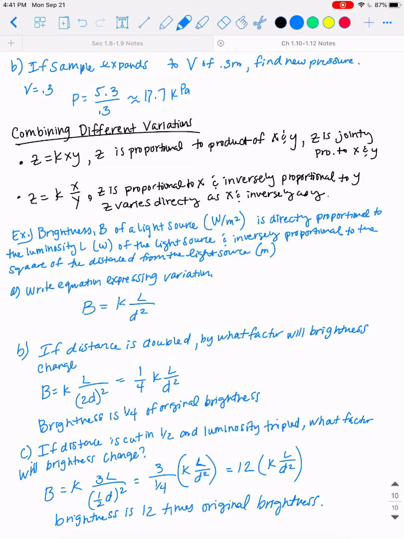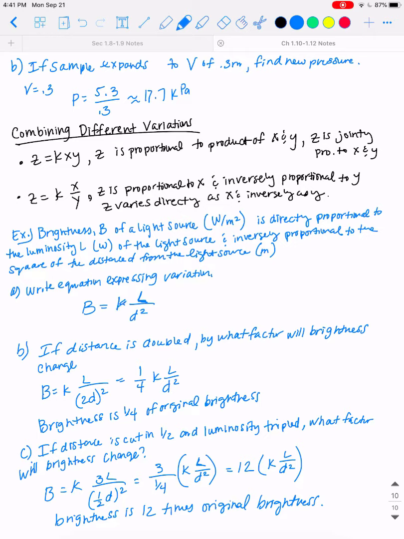Okay, so let's do an example to illustrate this. The brightness B of a light source is directly proportional to the luminosity L of the light source and inversely proportional to the square of the distance D from the light source. That's a lot, so we're going to write the equation first from our word problem. So B equals, directly proportional to the luminosity, so write the L on top first because we know it's directly proportional.